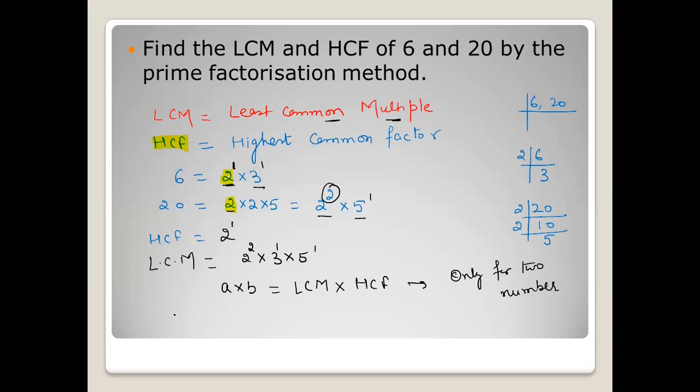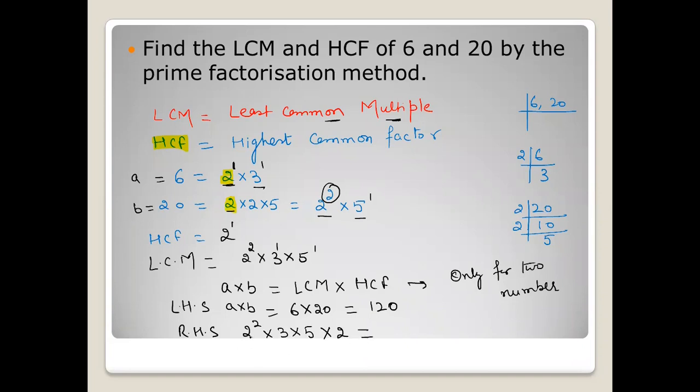Okay. So अगर हम लेफ्ट हैंड साइड लें, दैट इज A into B, तो एक नंबर है हमारे पास 6 और एक नंबर है हमारे पास 20. So 6 into 20 is your 120. अब राइट हैंड साइड क्या है आपका? LCM इज 2 square into 3 into 5 and HCF क्या है आपका? 2.